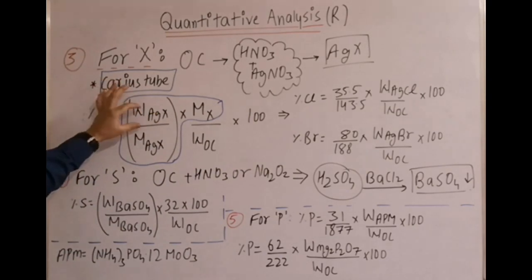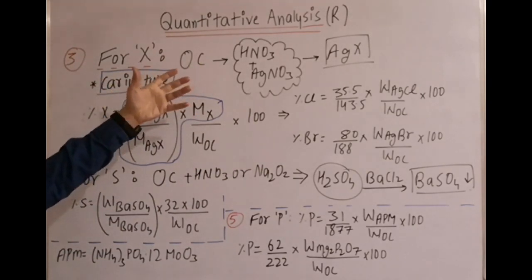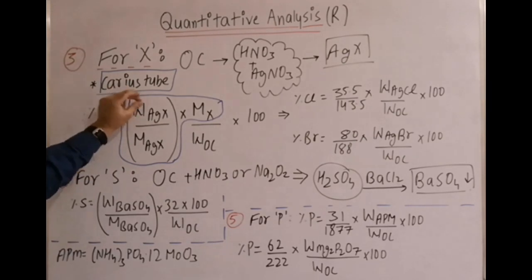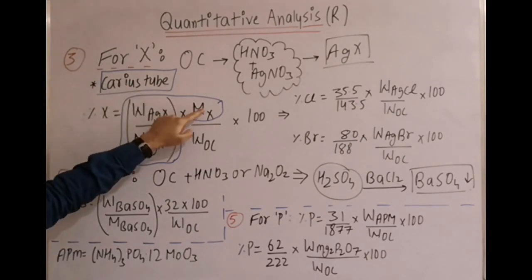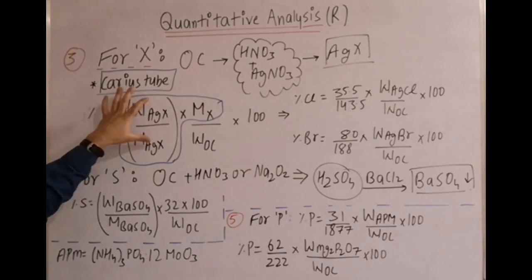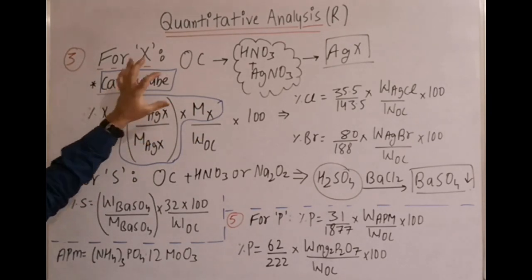If you know the precipitate AgCl or AgBr mass given in the question, divide by the molar mass of the precipitate. This will be the moles of precipitate. Multiply it by the atomic mass of the halogen, because whatever are the moles of AgCl will also be the moles of Cl.